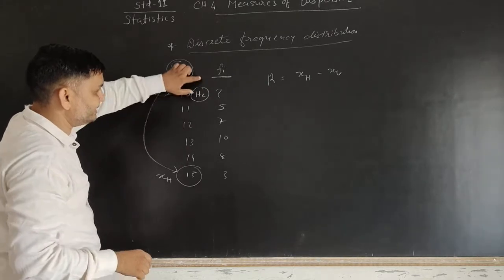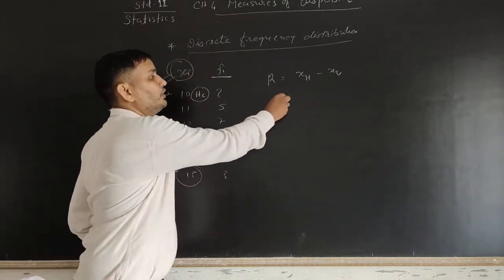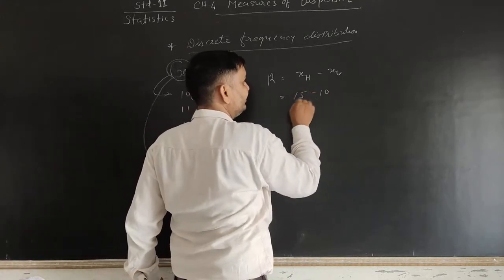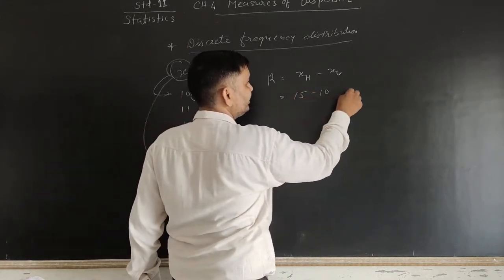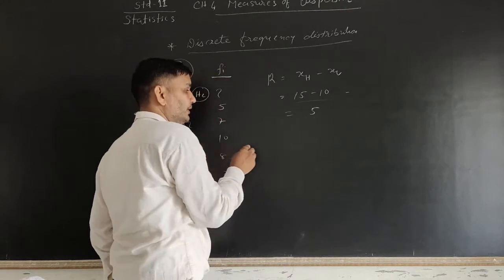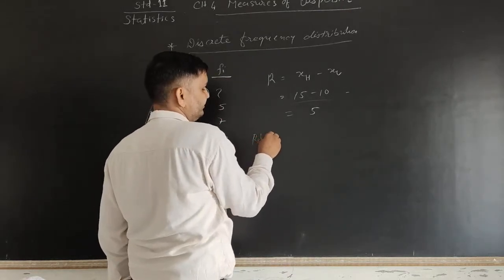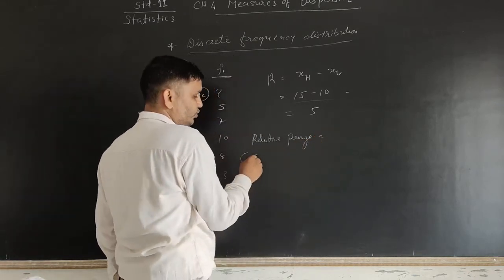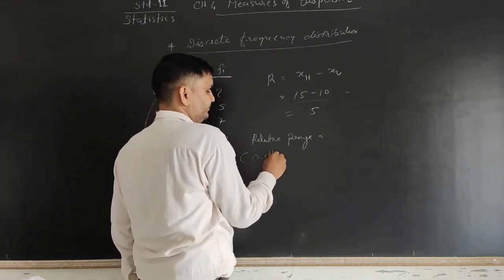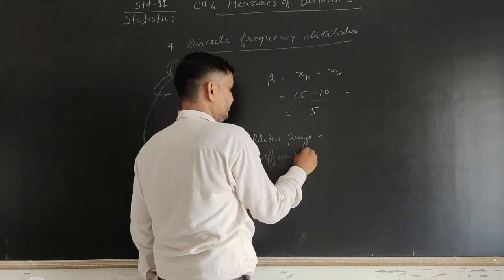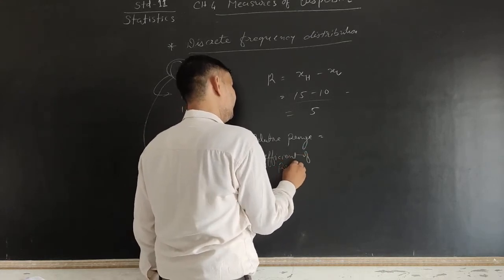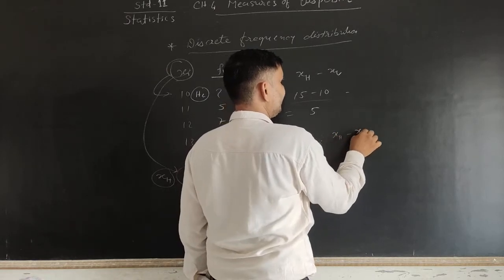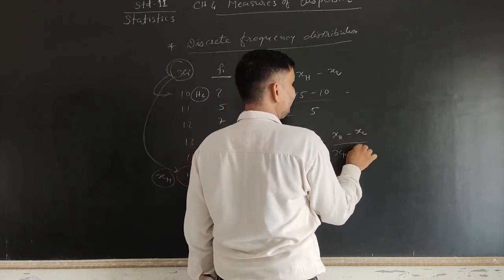Now we have both XH and XL values. Now put the values in the formula. R is equal to 15 minus 10, which is equal to 5. That is our range. Now the relative range, that is called the coefficient of range, is XH minus XL divided by XH plus XL.